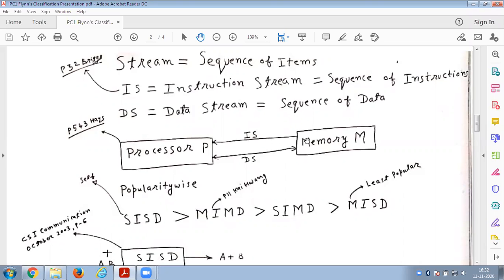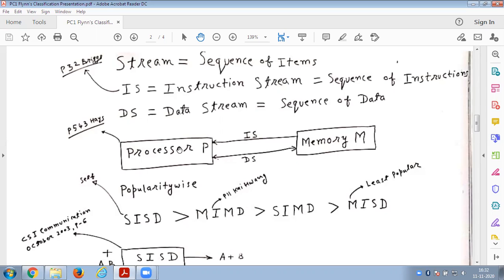Instruction stream is coming from memory to processor. Instruction stream means several instructions one after the other. The processor is taking data also from memory. This arrow shows that data is coming from memory to processor. Data stream means various data.